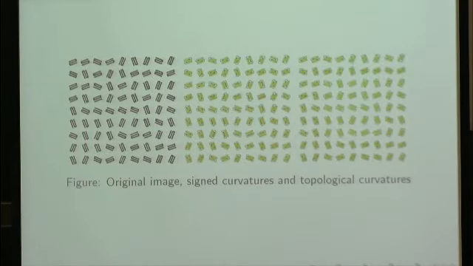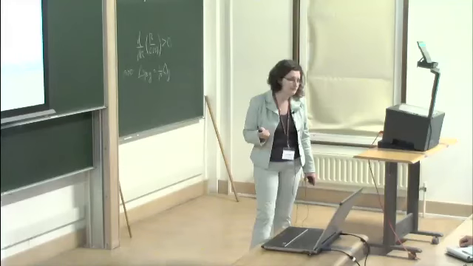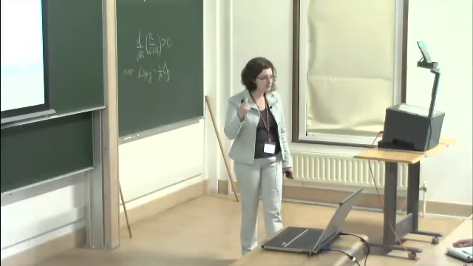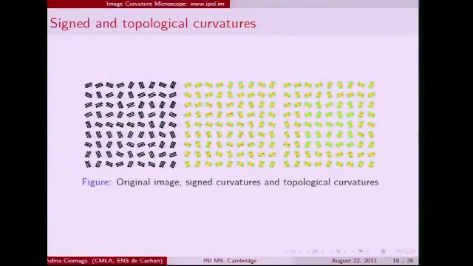Okay. At the same time, whenever we have these curvatures, there is also the possibility of computing what we call topological curvatures. Here, for example, is an undiscriminable texton. I don't know if you see it well, but we have 10s in the middle and s's close to the borders. So the human eye could not distinguish that we have actually two shapes here, because we have the same orientation and basically the same curvatures.